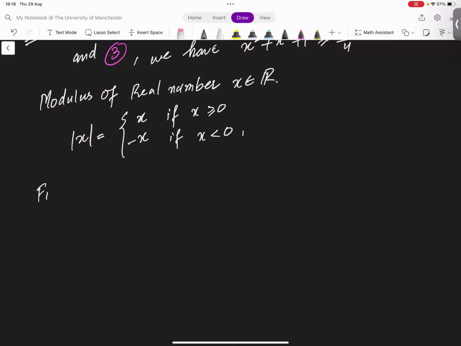For example, mod of -5 is 5 and mod of 7 is 7.